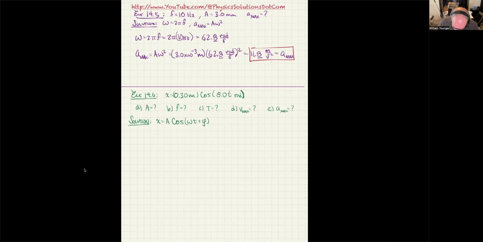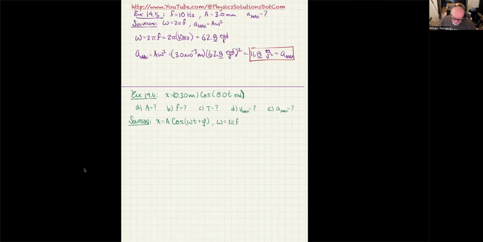So in this case, we've got x equals A cosine omega t. So that allows us to just look at the equation. I can immediately identify the factor in front of the cosine as the amplitude. So the amplitude is going to have to be 0.30 meters. So I can go ahead and write that. But I want to figure out all the other stuff. So the other stuff I want to figure out is I want to recall that omega is equal to 2 pi f. And in fact, omega is what's being multiplied by the t.